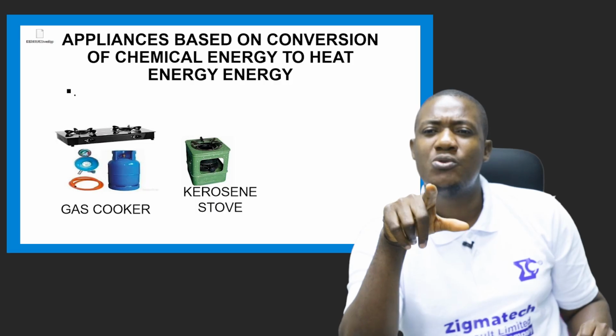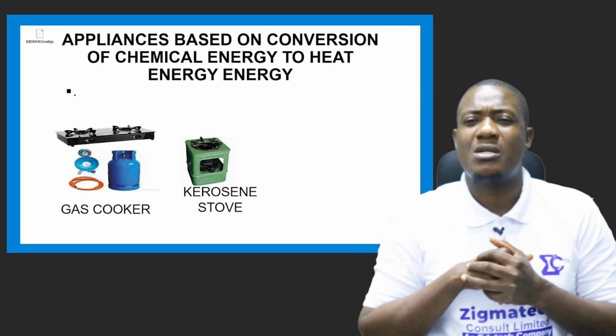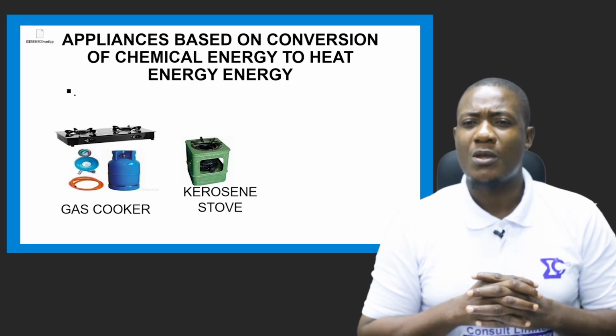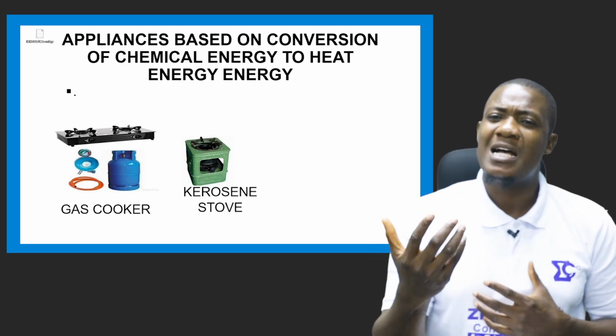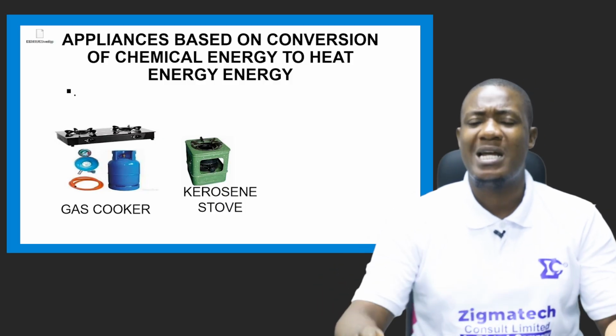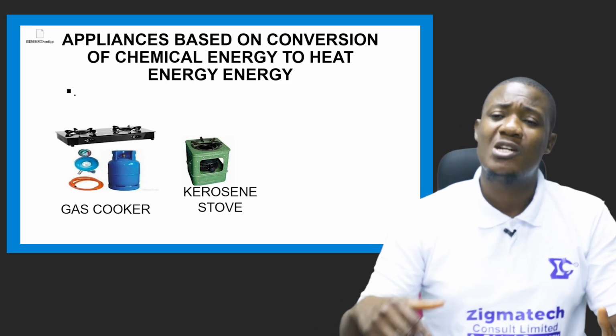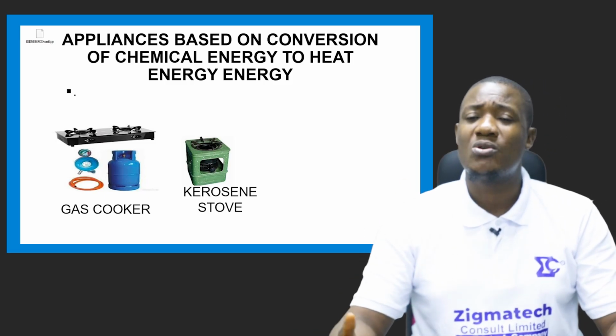Same thing happens too in the gas cooker. You can see the picture on the screen. You have the gas. The chemical energy you have in the gas is converted into heat energy when you light the gas. Same thing happens to a gas lantern, kerosene lantern, and so on and so forth.